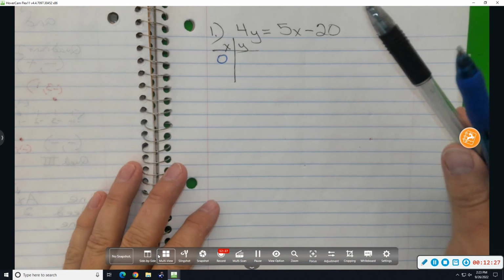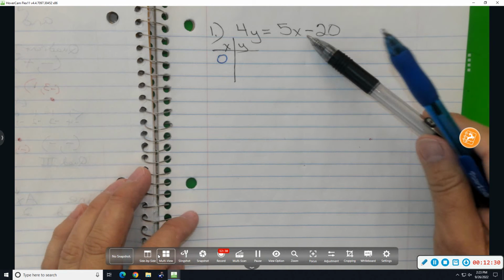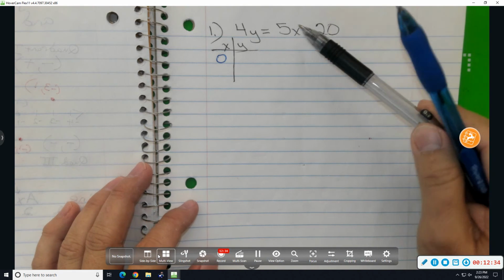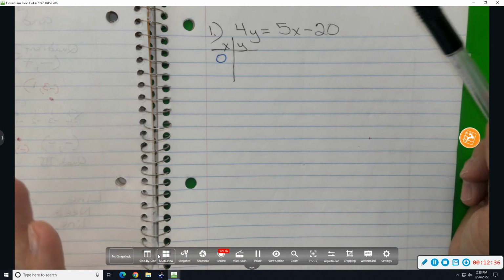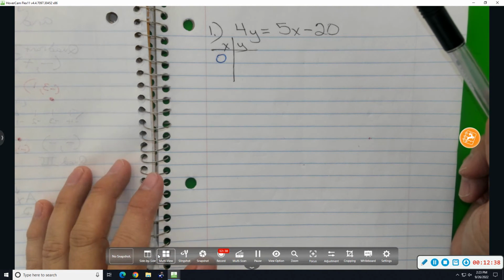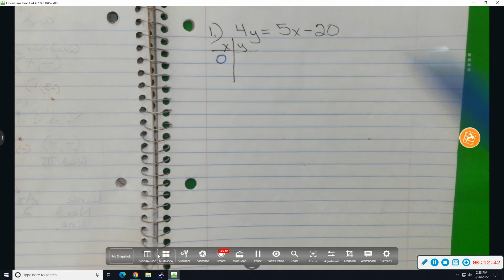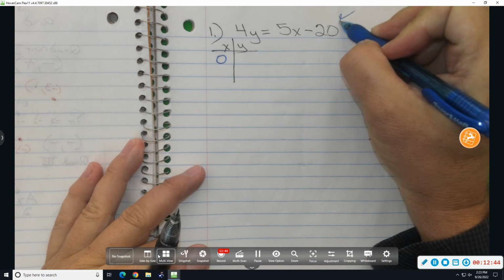When I look at this equation, I notice I have x's, I have y's. I don't have any exponents on those x's or y's. I don't have them under square roots. So when I see this equation, I think to myself, this is a line.